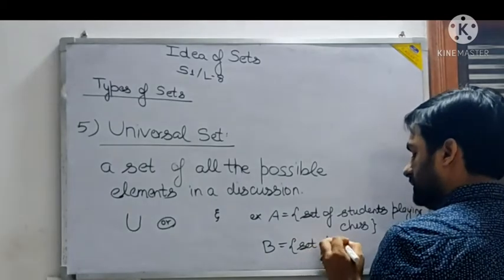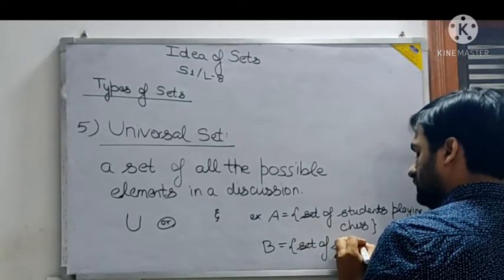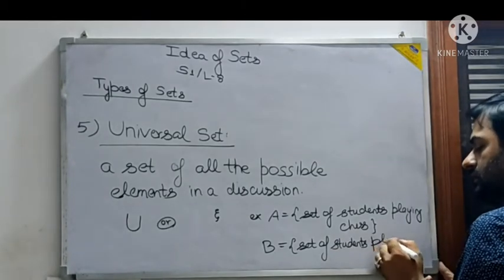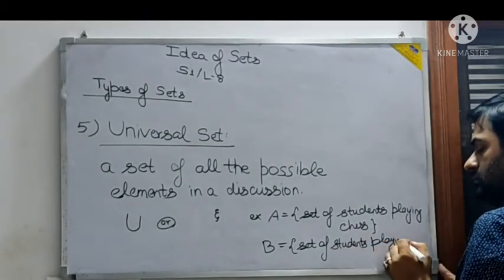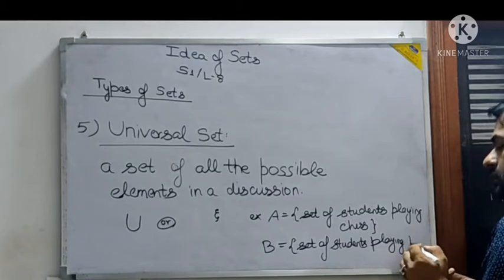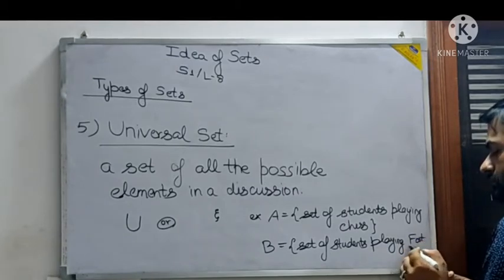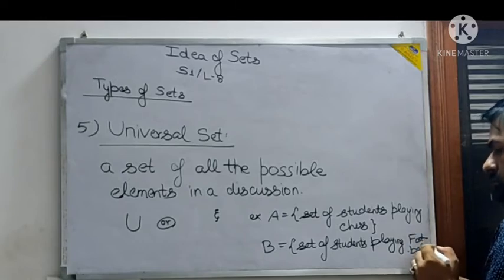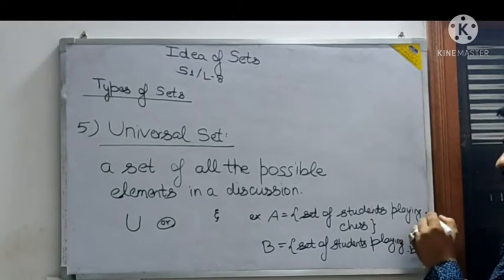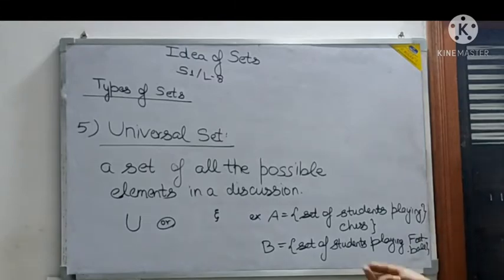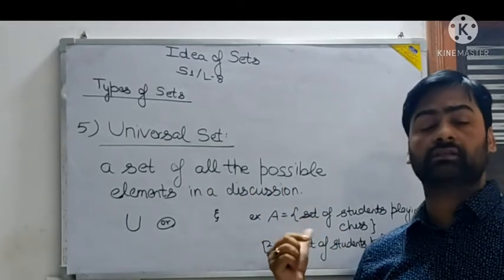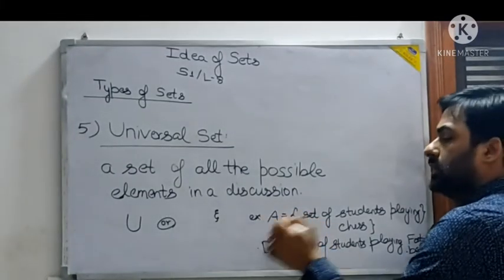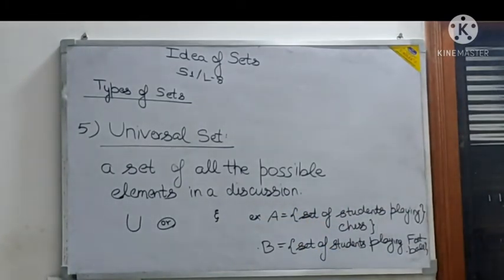B is the set of students playing football. Now, if we are talking in this respect, then the universal set will be what? The universal set will contain all the elements of A and B together.